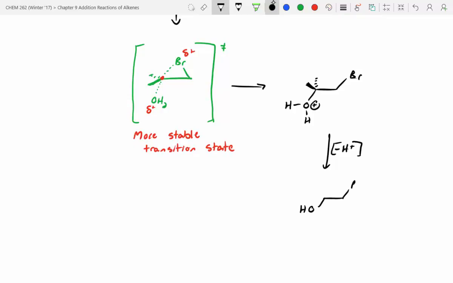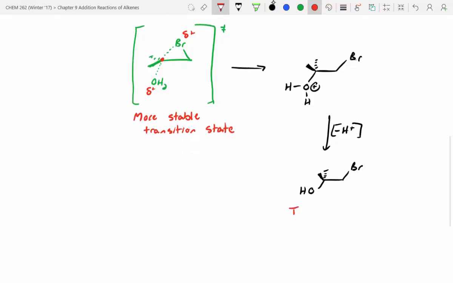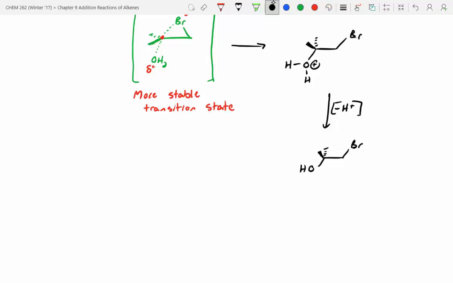But our alcohol is always going to come off the more substituted side. So let's even make a note of that. I'm going to write it down here. Your OH will always come off of the more substituted side.